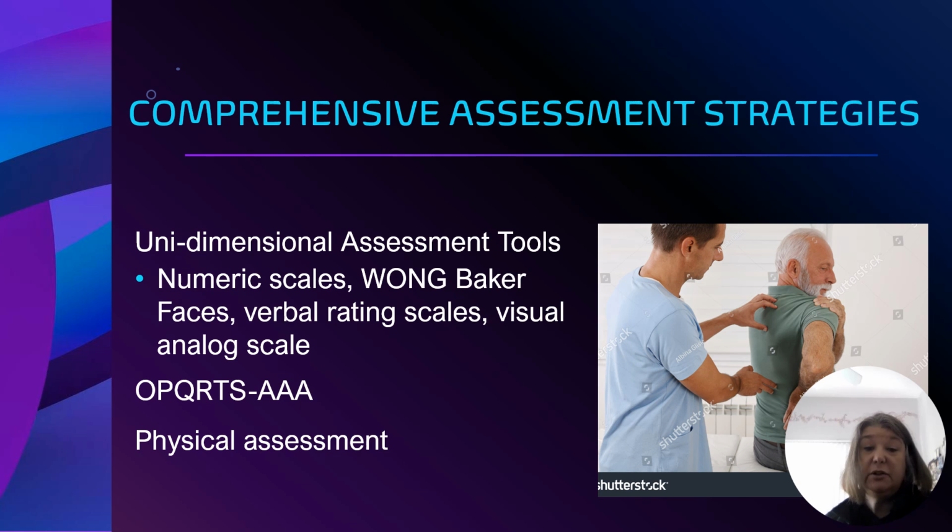Examples of unidimensional assessment tools include the numeric rating scale, so unidimensional, one-dimensional. So numeric rating scale, 0 to 10. Verbal rating scales and visual analog scales. With these, one end of the scale is marked no pain, and the other end is worst pain ever, or uses a similar phrase to indicate intense pain.